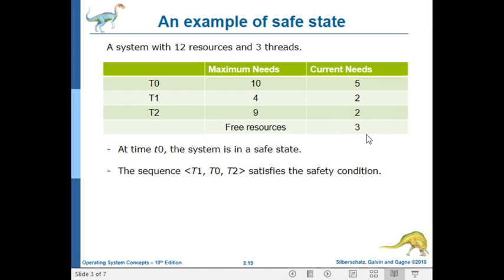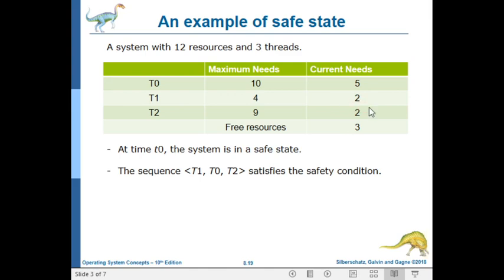So at time T0, the state is in a safe state. Why? Because at time T0, since we have 3 free resources, we can immediately allocate all the resources needed by T1.